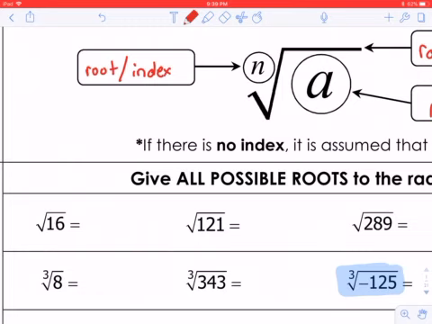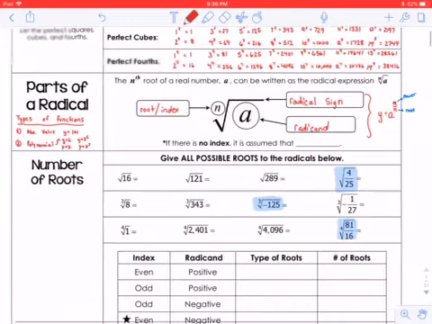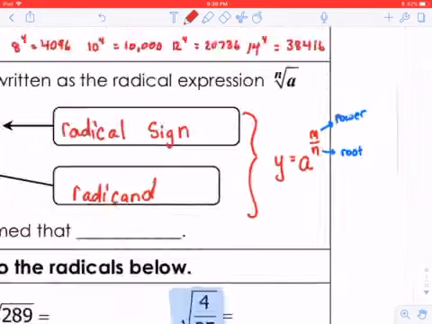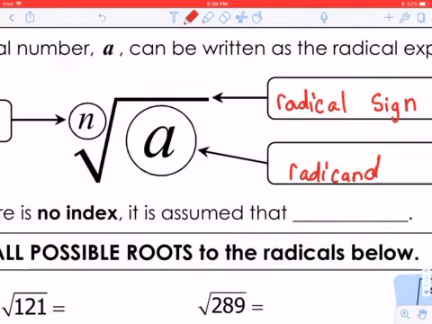I like to call it a root because it makes more sense that way. But there's no power written in here, so you want to say, where's this m coming from? Well, the m comes right here. That's your power. It's the power of the radicand, or the term inside the radical, whatever power it's to.